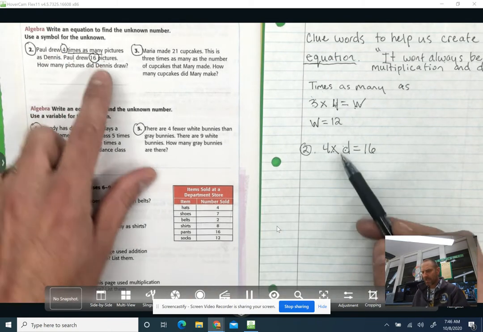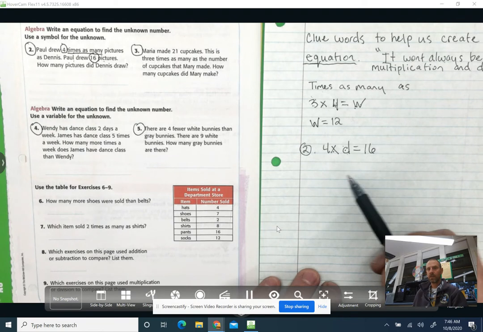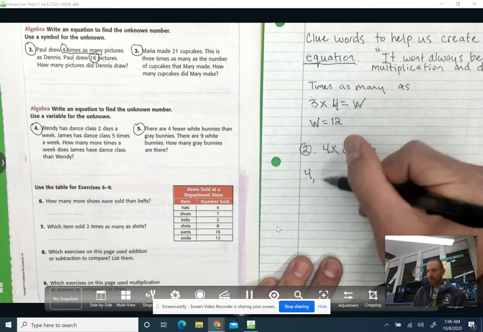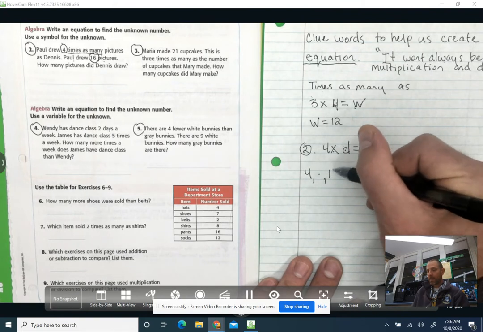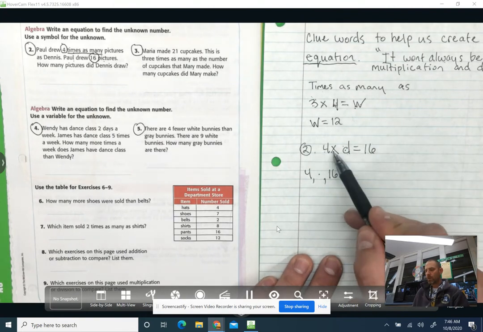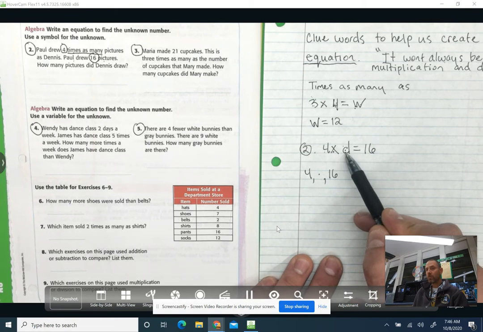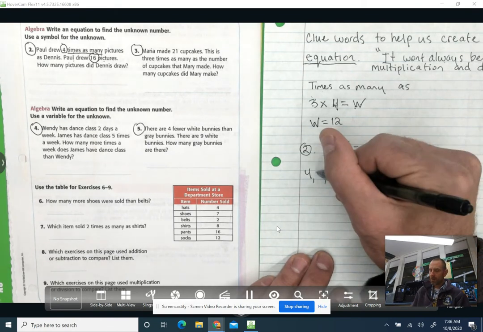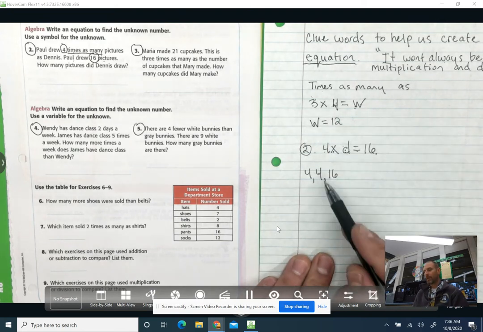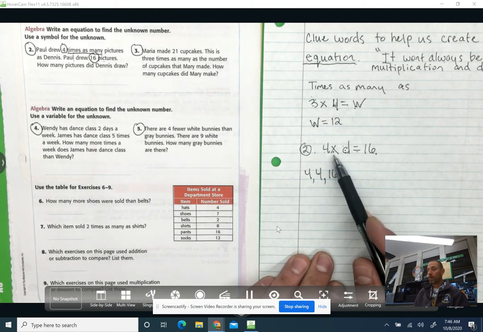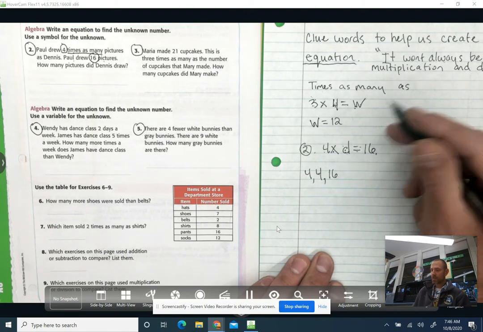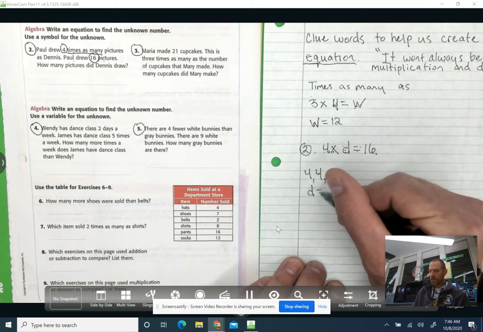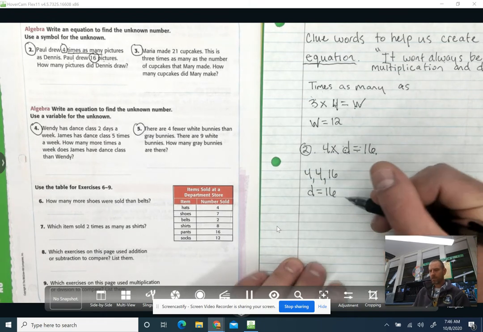I had a 4 and a 16, and I know that 4 and 16 are in a fact family, right? I got 4, I've got something else, and I've got 16. 4 times what number equals 16? When I look at my multiplication table, I see the missing member of my fact family is another 4. 4 times 4 equals 16. So the final answer is d equals 4.